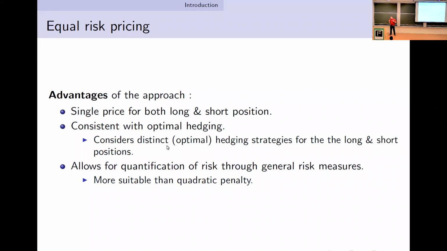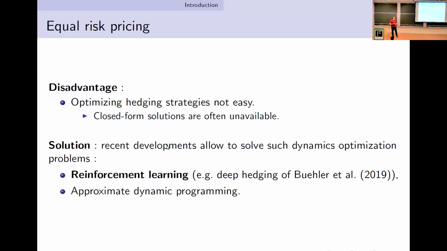And also, it's quite flexible because it allows for the quantification of risk through several types of risk measures. So you don't have to rely on the quadratic penalty. For example, you can use convex risk measures, such as the CVaR, expected penalties, etc. So it's a framework that is quite flexible. So this might be another advantage of the approach.